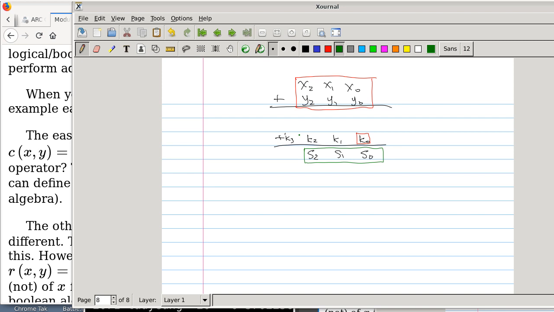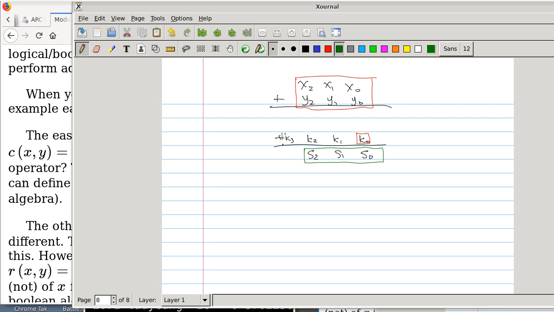The answer is no. When we deal with binary addition in the context of a processor, the width of the input is going to be the same as the output. So if we are dealing with 3-bit numbers as input, then we only deal with 3 bits as the output, which is the sum. The output cannot be wider than the input. Then what about k3, because k3 can be a 1 or a 0?